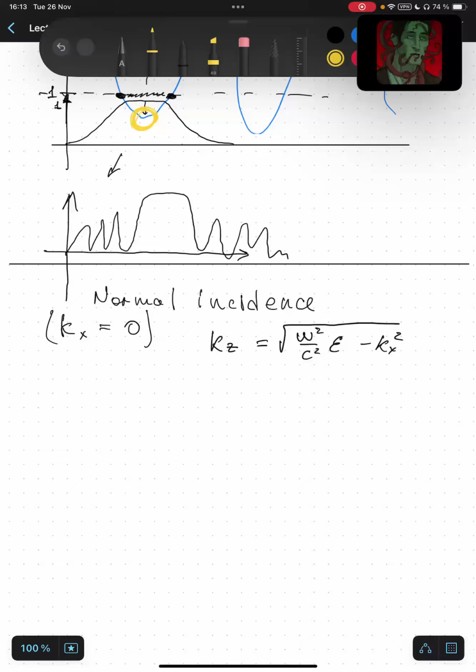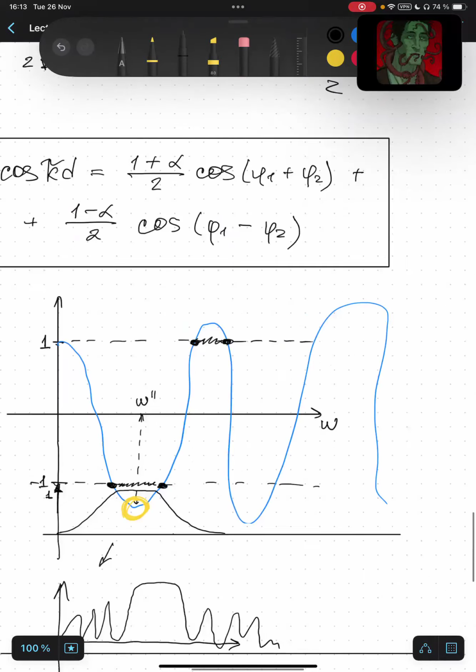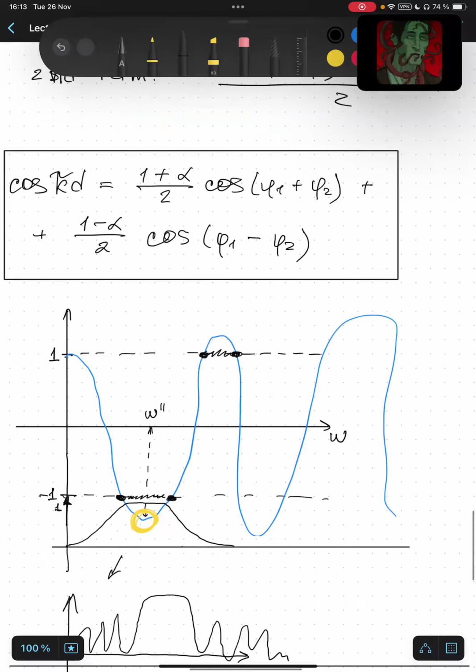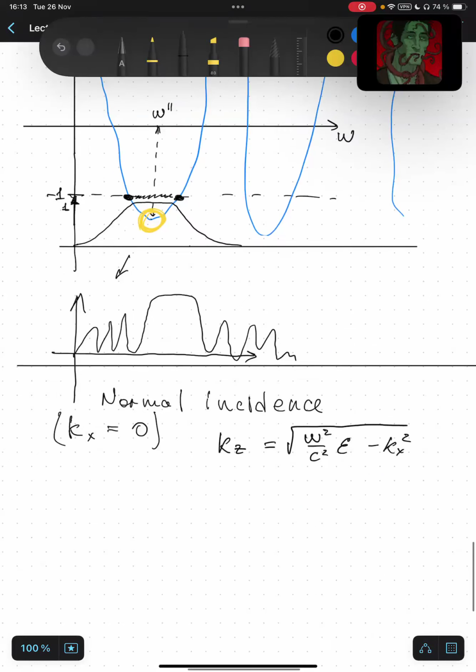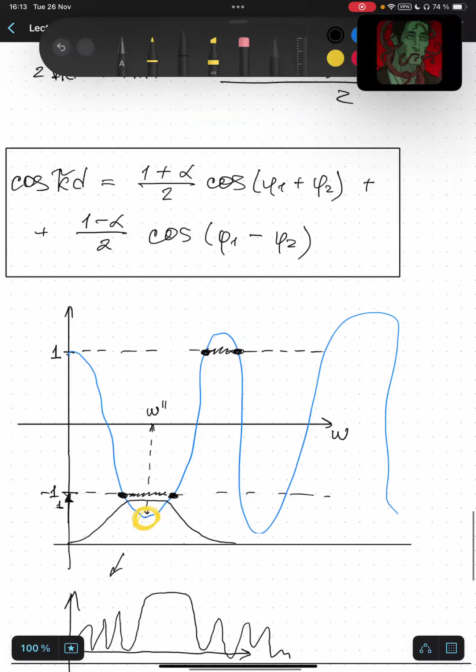But how to find it? We just take our dispersion equation at this point. We know that the left-hand side here is -1, or when you want to find it here, it's +1.